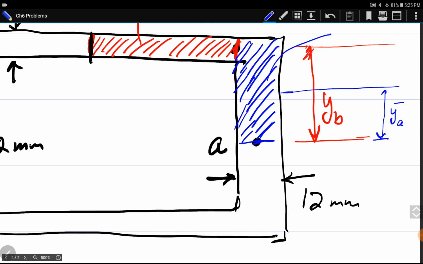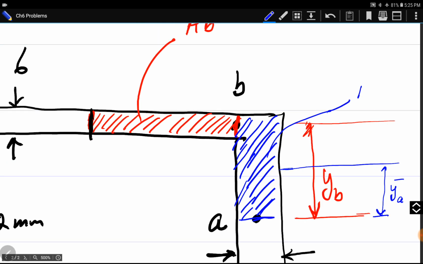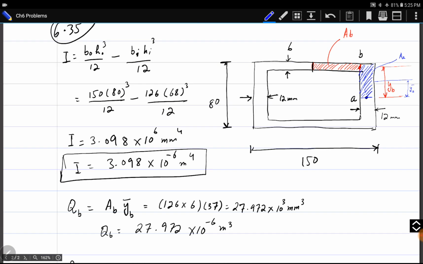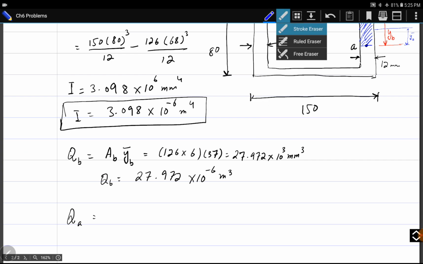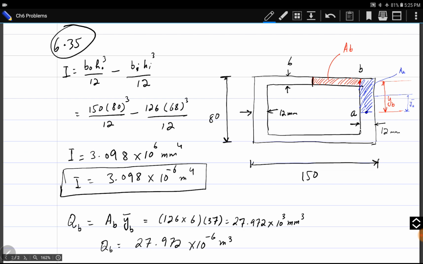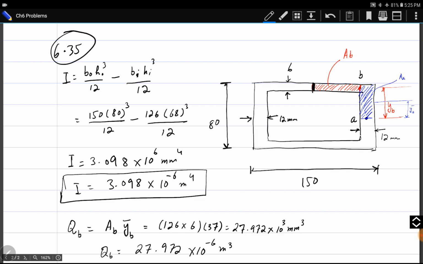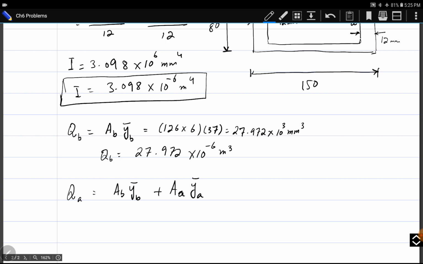This area is area A_A. So Q_A includes both area A_B and A_A, and y_A and y_B. So it is equal to A_B y_B plus A_A y_A, because the flow has to start from the starting point and reach point A by passing through point B. So it includes A_B as well.